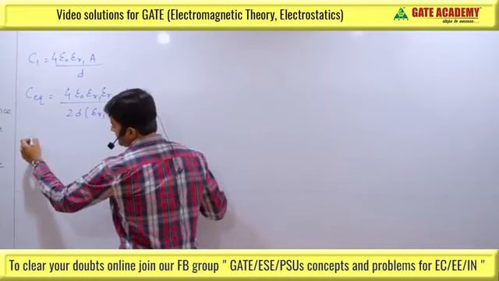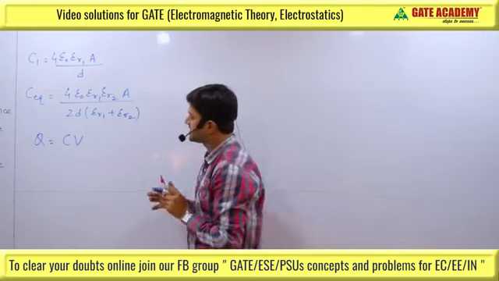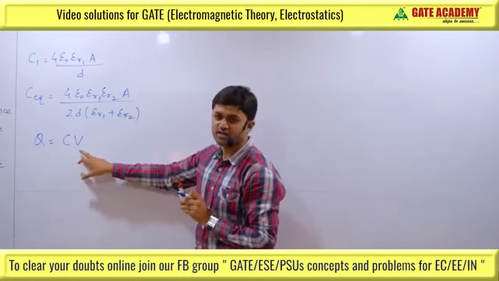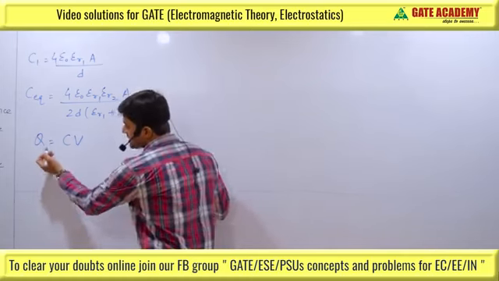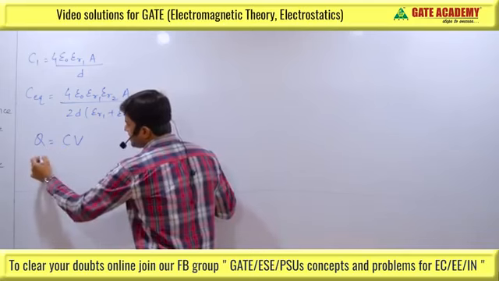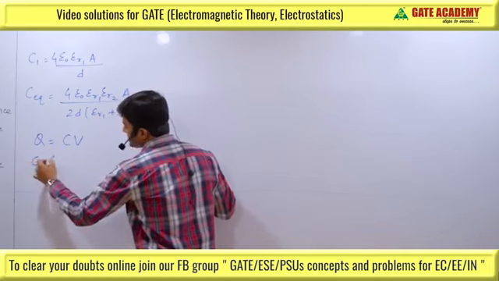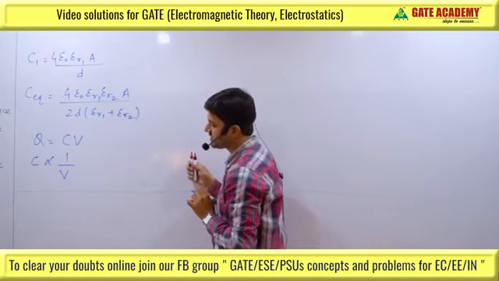We know that Q equals CV, the total charge stored in a capacitor is given by C into V, the capacitance and the potential applied across it. So if the charge stored on the plates is the same, then C is inversely proportional to the potential applied across it.